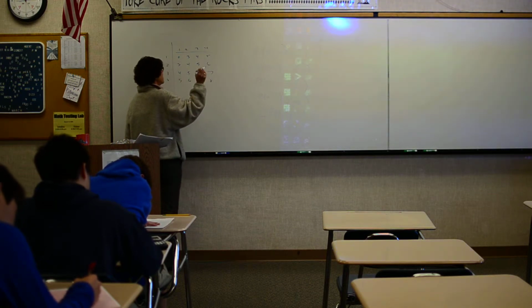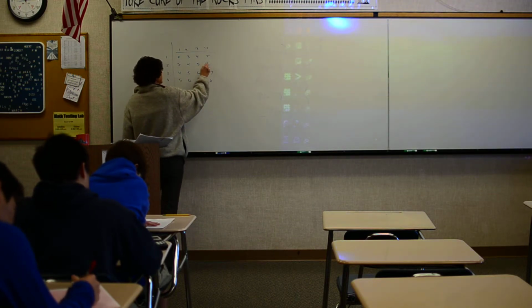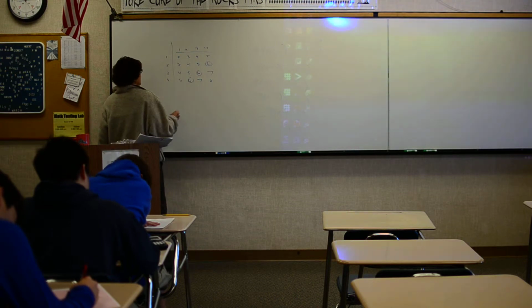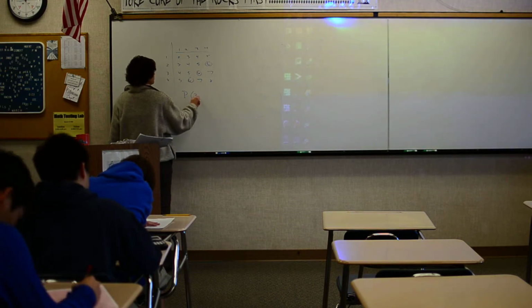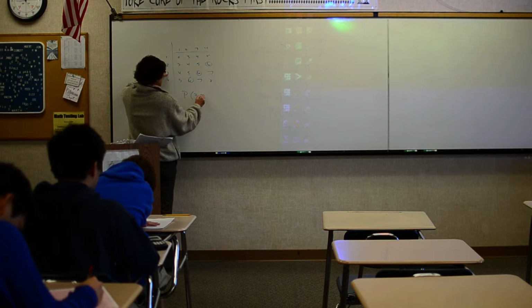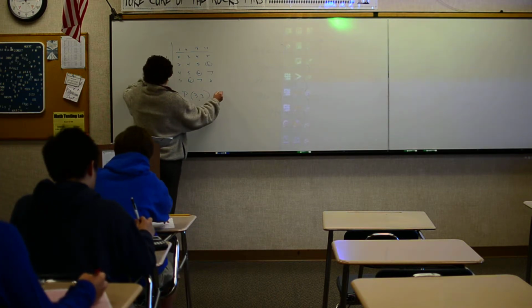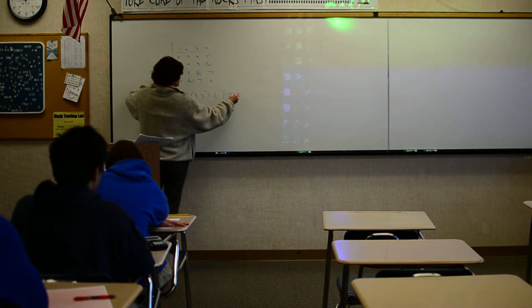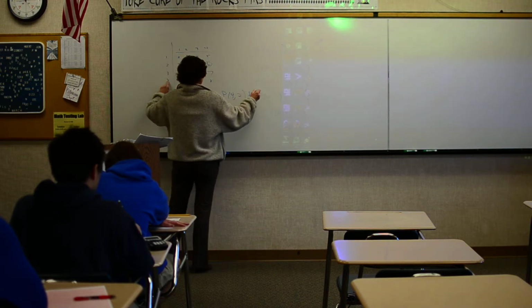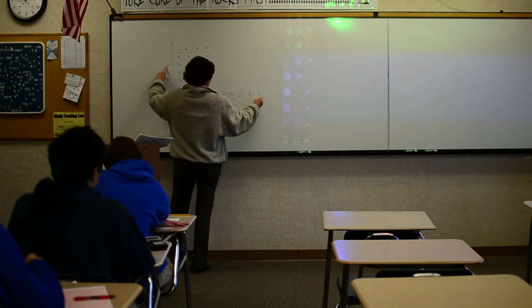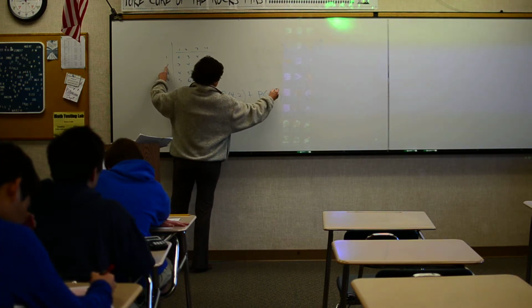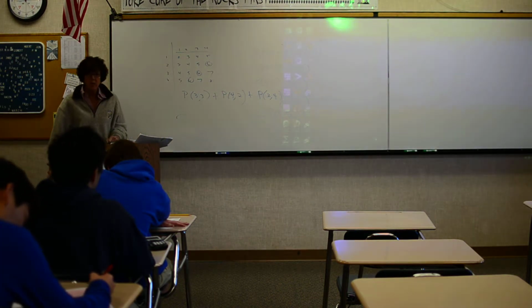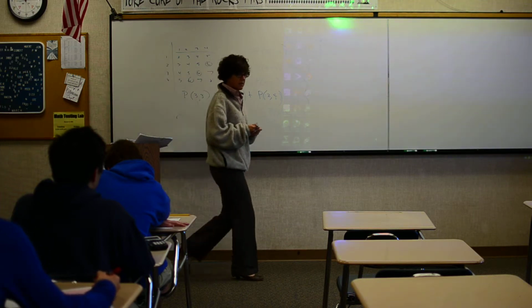And I want the sum to be 6. So I can get a 3 on the first and a 3 on the second, or a 4 on the first and a 2 on the second, or a 2 on the first and a 4 on the second. Those are my only ways of getting a sum of 6.